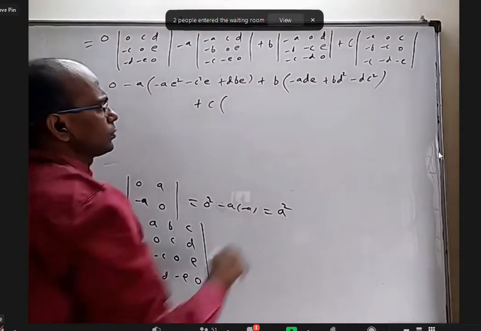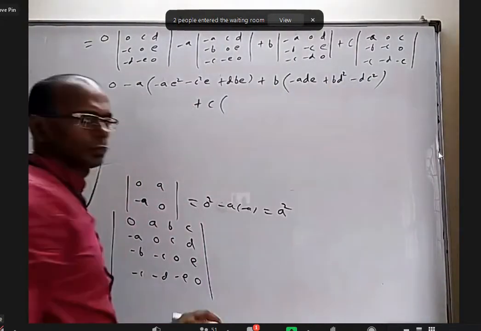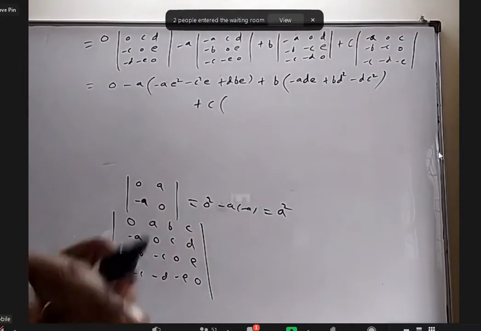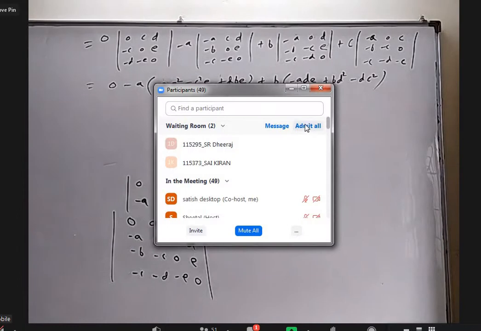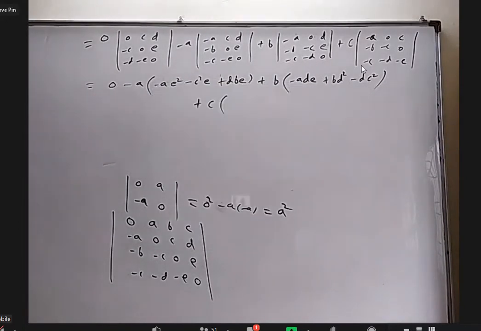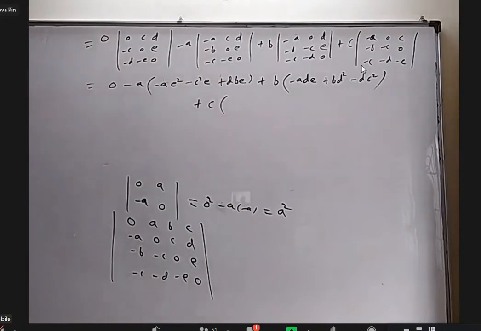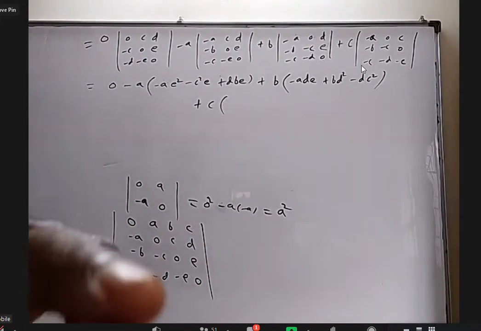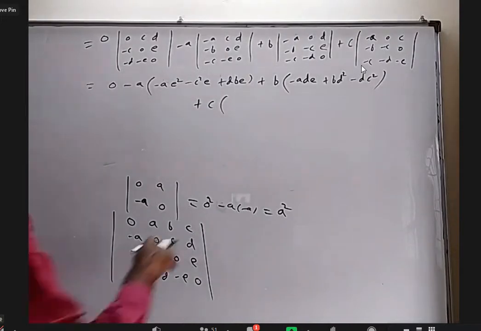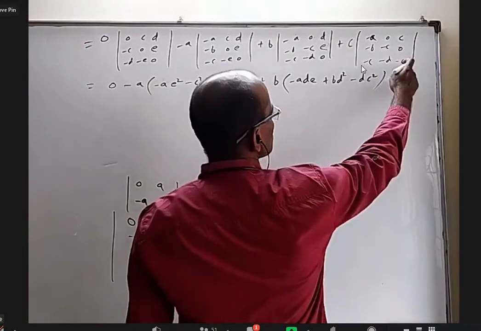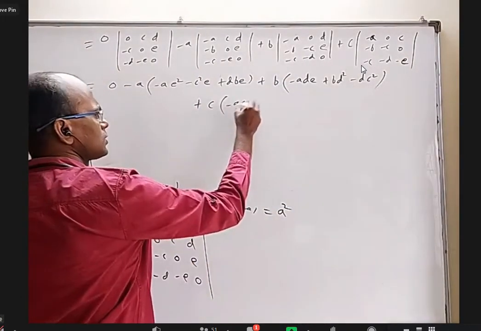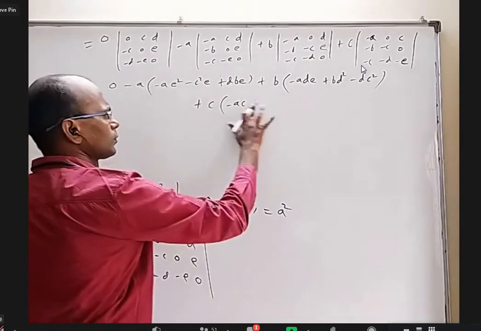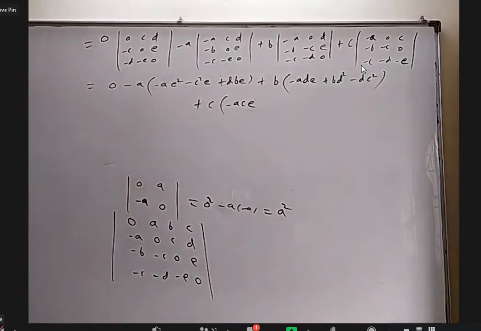Next, C into this is KCE minus KCE. 0 into anything, 0.